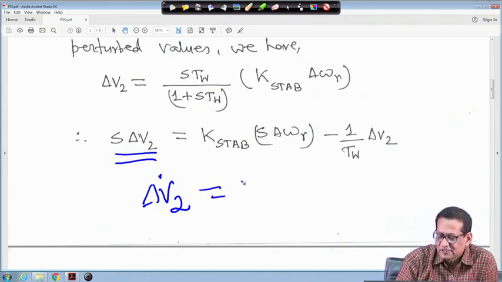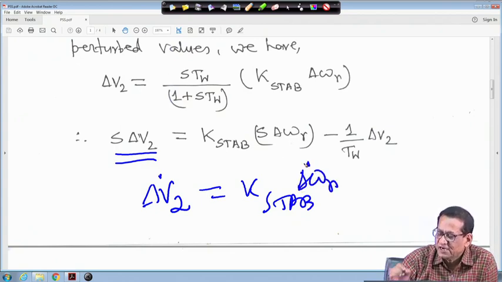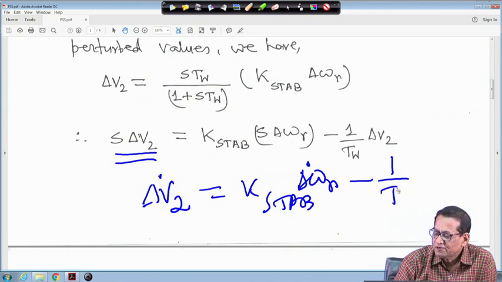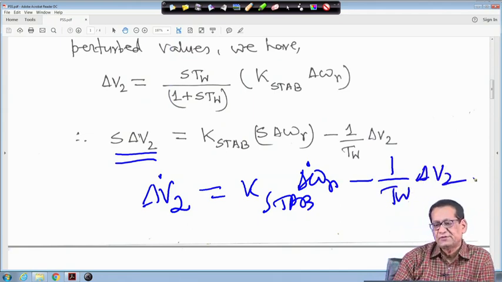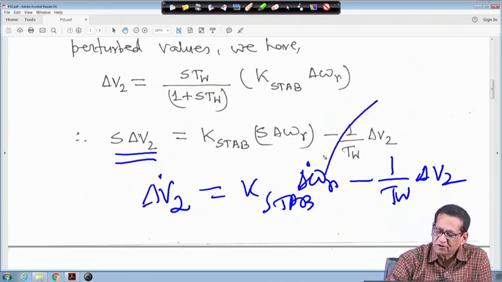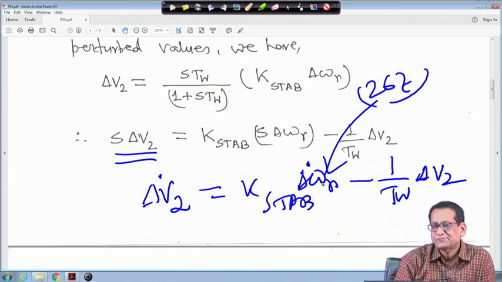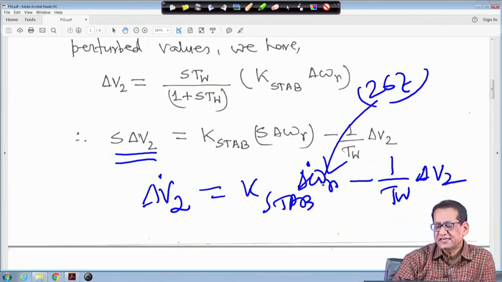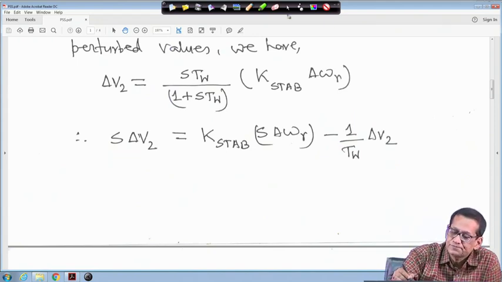So, it is equal to K stabilizer gain times S delta omega r, meaning delta omega r dot, minus 1 upon TW delta V2. So, delta V2 is another state variable. You substitute that delta omega dot expression here, so at the right hand side this derivative term will be removed from equation 267, the very first equation.